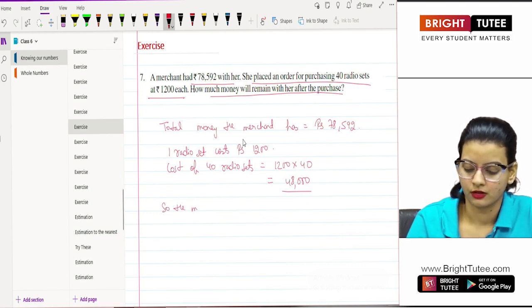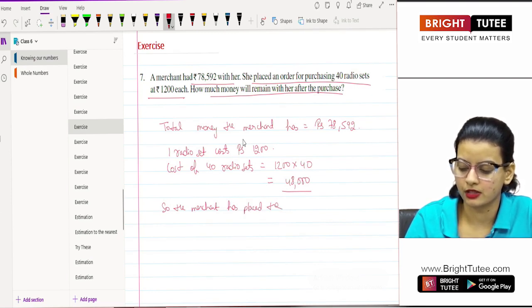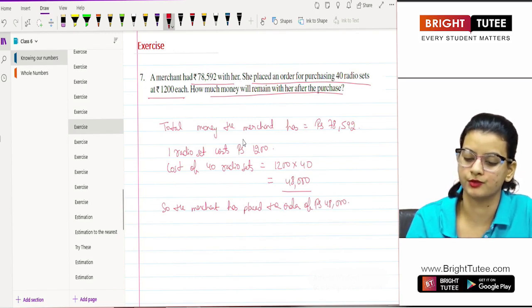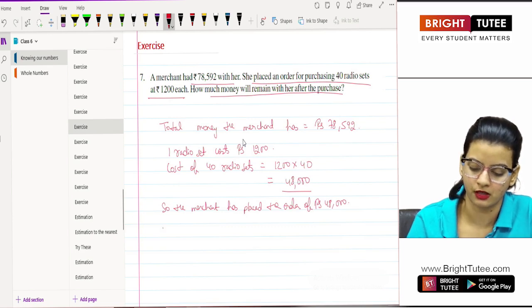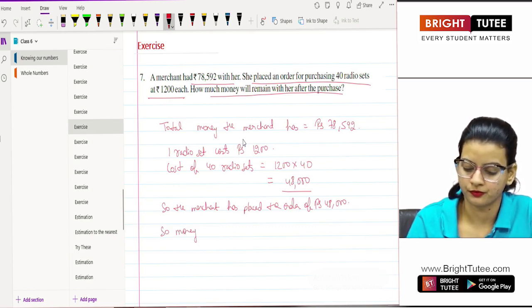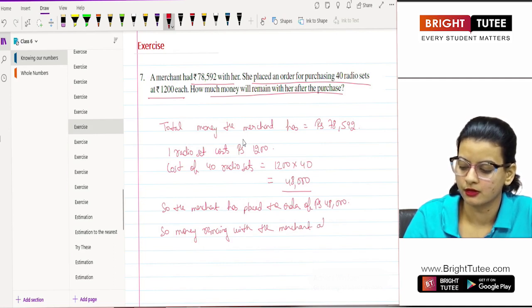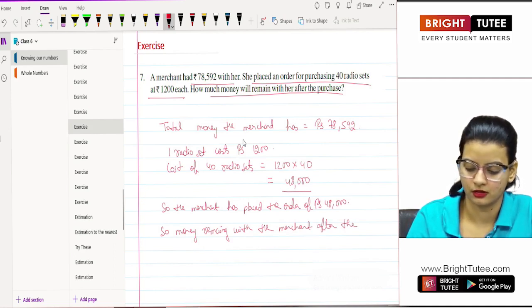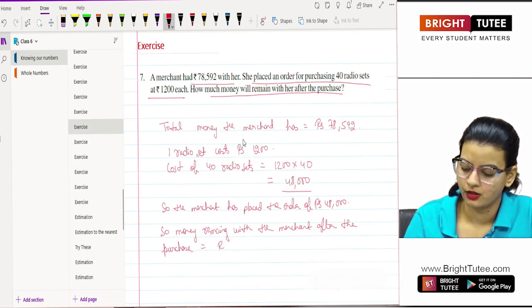So the merchant has placed the order of rupees 48,000. So how much money will remain with her after the purchase? The money remaining with the merchant after the purchase is equal to rupees 78,592 minus rupees 48,000.